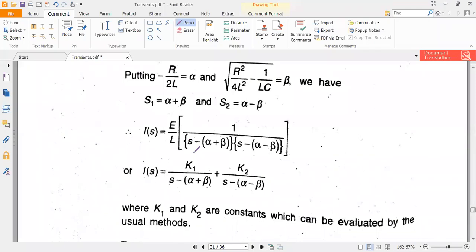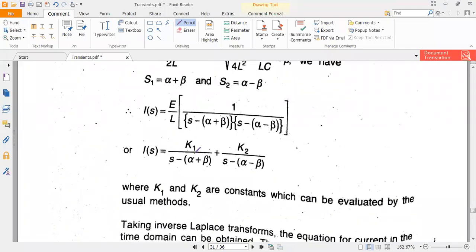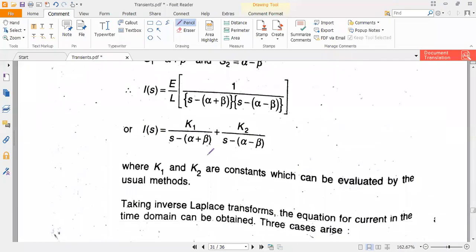To apply the inverse Laplace transformation, you have to apply the partial fractions, because you have to make that equation into a standard form, to apply the inverse Laplace transformation. So that's why here I have converted this equation into this form. Then after that you can apply the partial fractions. You guys already know how to apply the partial fractions. Then find the k1 and k2 values by applying the partial fractions.